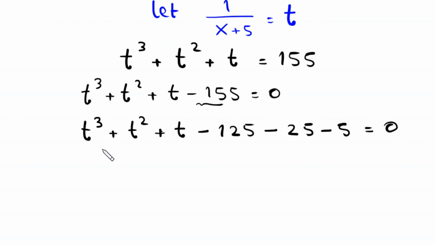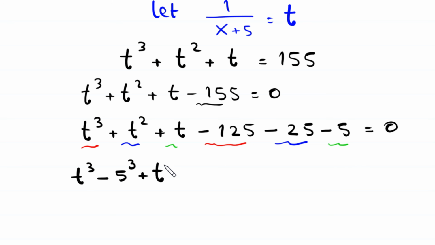We group these two terms t cubed and negative 125, and we group these two terms t squared and negative 25, and we group these two terms t and negative 5. This will become t cubed minus 125, which is same as 5 cubed, plus t squared minus 25, which is same as negative 5 squared, plus t minus 5 equal to 0.